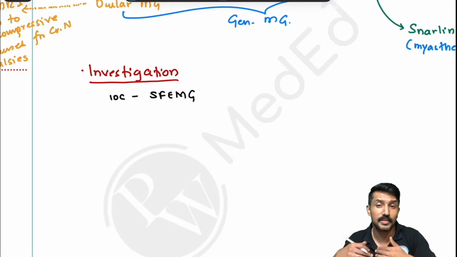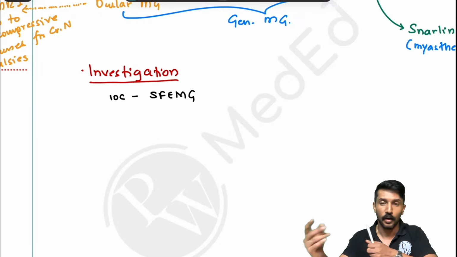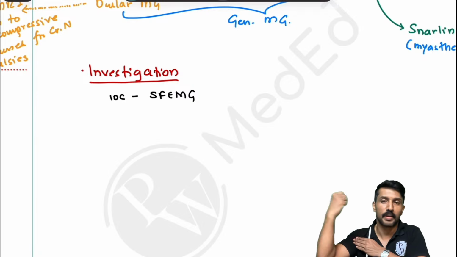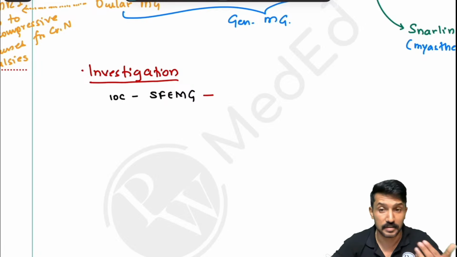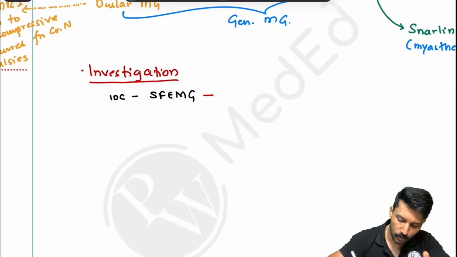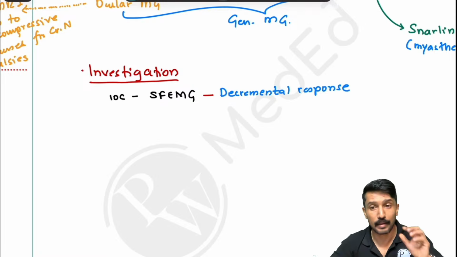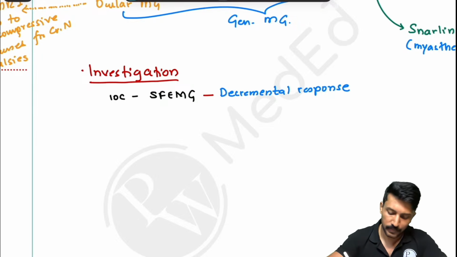In myasthenia gravis, repetitive stimulation keeps the force of contraction decreasing, or the muscle contraction progressively becomes more and more jittery instead of a full contraction. We describe it as increasing jitteriness, or a decremental response. In Lambert-Eaton syndrome, we get an incremental response. Here, we get a decremental response.